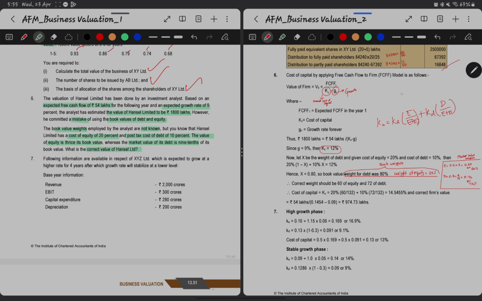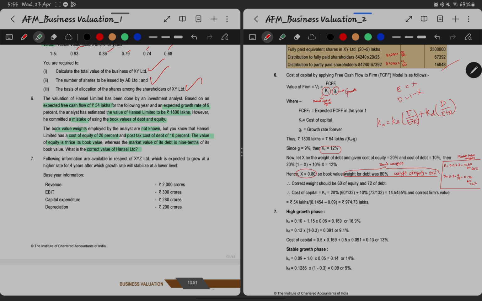Let's say the weight of debt is X, then equity will be 1 minus X, obviously. This is for weights I am telling. So using this approach, if we reverse calculate, we'll get the weight of either equity or debt. In this case, considering the weight of debt as X, we found the value as 0.8, which is nothing but 80%.